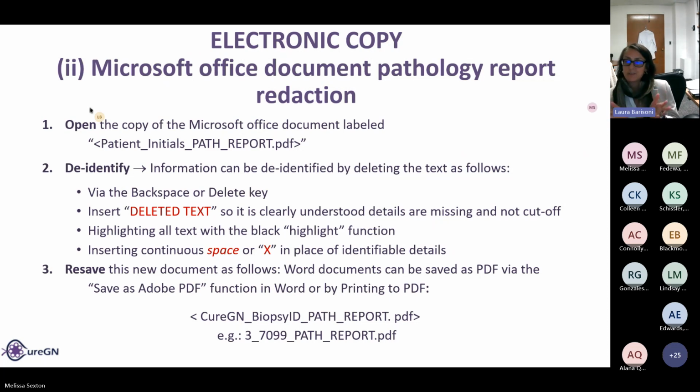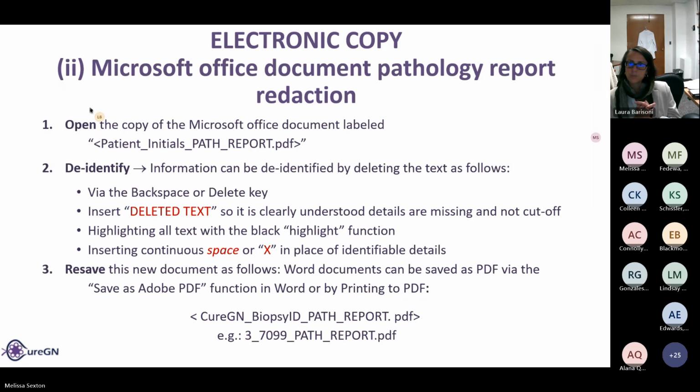And then again, save as CureGN biopsy ID _ path _ report. And again, you should have in your computer one copy that has the patient's initials and is not redacted, and one copy that has the biopsy ID that is redacted. Same reason, if we have a mix-up, we can always go back.